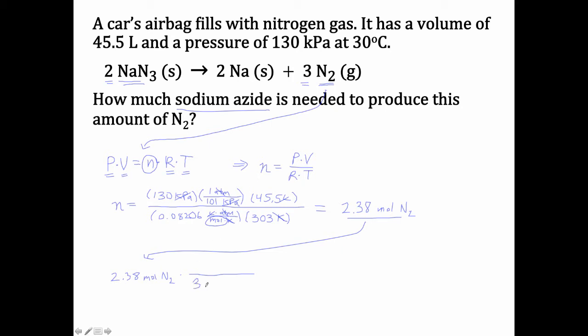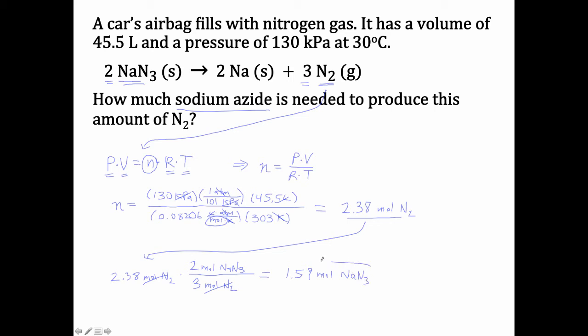So we have 3 moles of N2 that come about from every 2 moles of sodium azide, NaN3. Moles of N2 will cancel, so 2/3 of 2.38 works out to be 1.59 moles of sodium azide.